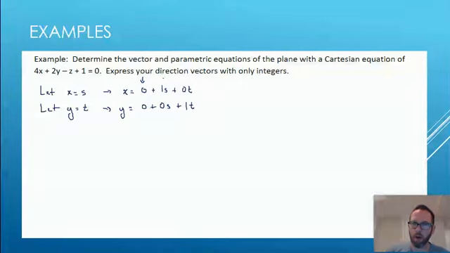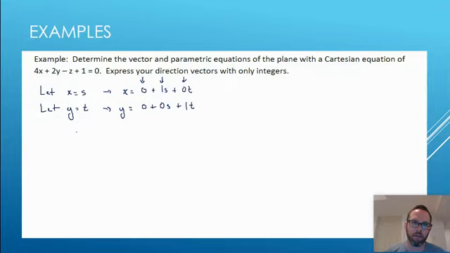And we're looking for one direction vector that has an x component of 1 and a y component of 0. And our second direction vector has an x component of 0 and a y component of 1. So we're just choosing a really easy point, direction vector 1, direction vector 2, and then all we have to do is find the last part of each of those things.